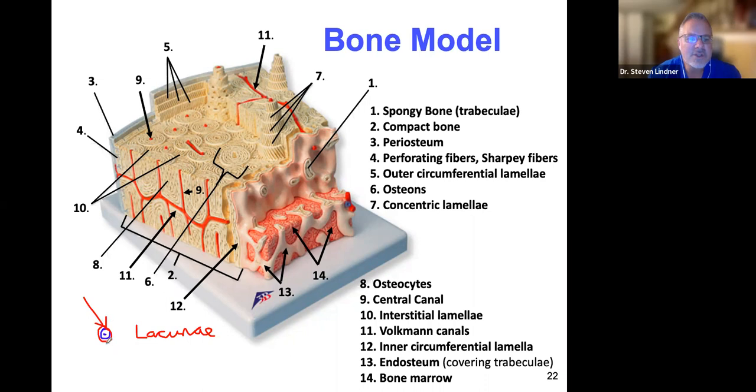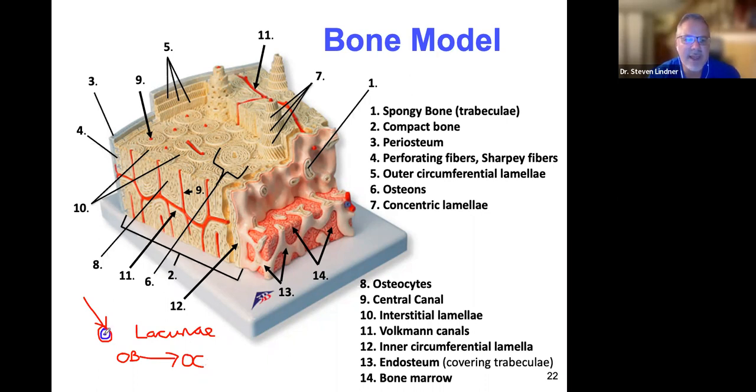Now, once it gets trapped, I'm going to put OB for osteoblast. The osteoblast, now that it's trapped, is going to become an osteocyte.